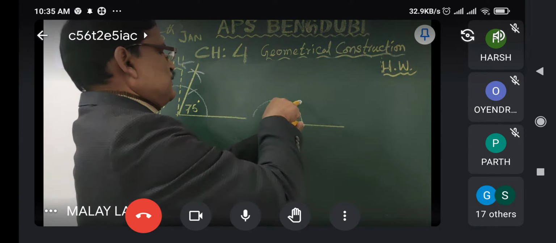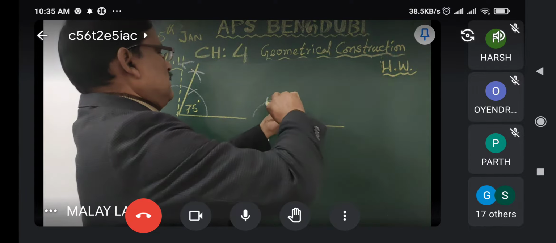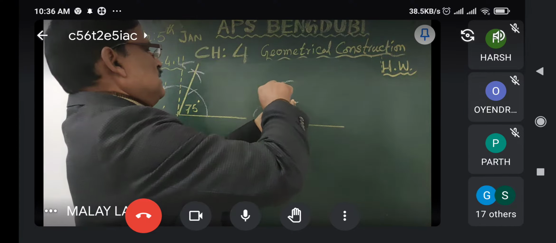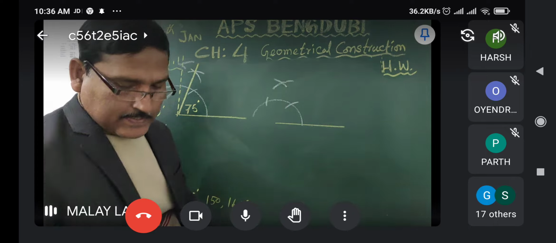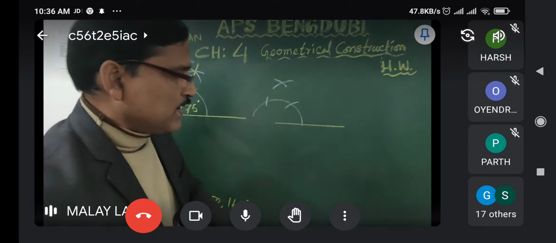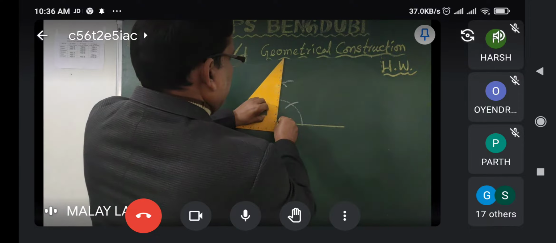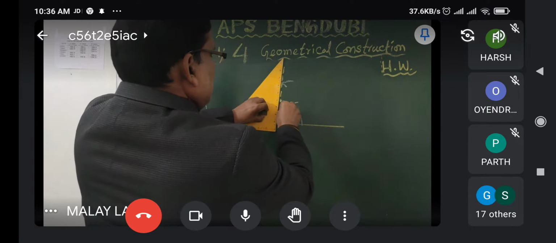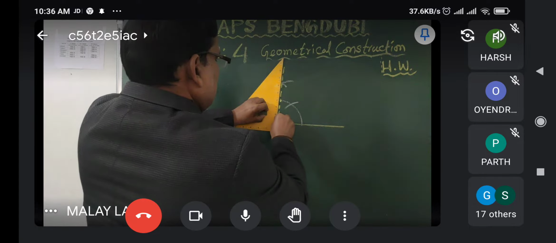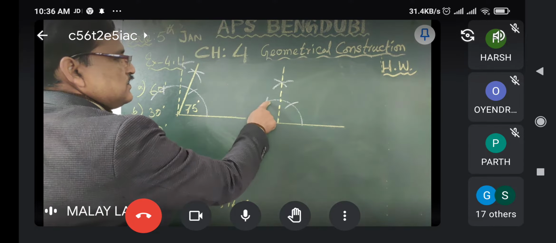This is 60, this is 120, and in between 60 and 120, 90 is there. 90 is not required. I will join it, dot it, because without the help of 90 I cannot complete the figure. So this is 90, this is 60, this is 120.